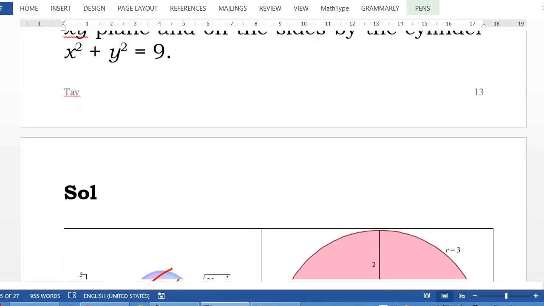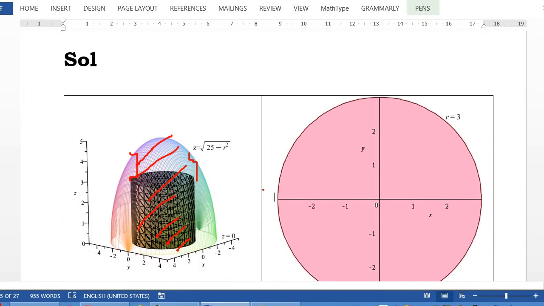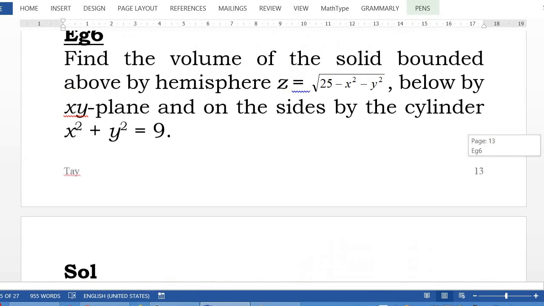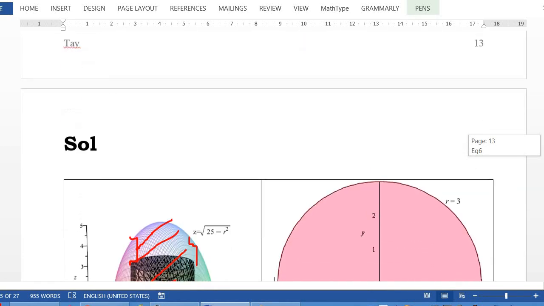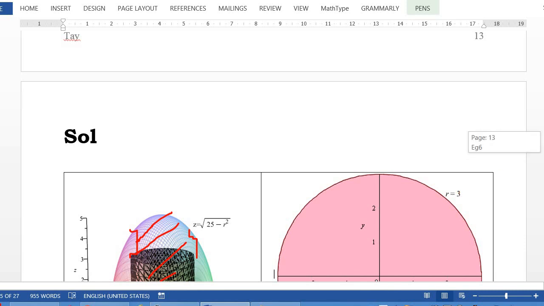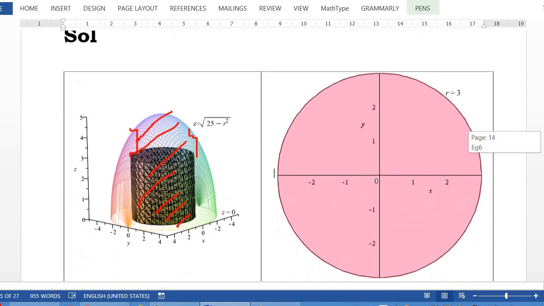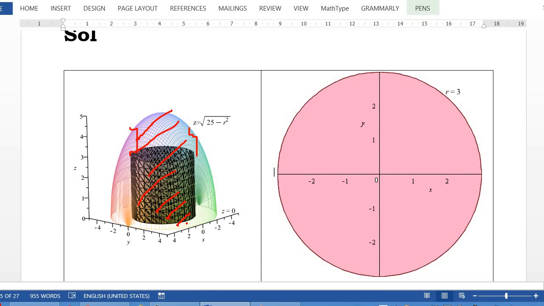Like this, this is the hemisphere, and the side is the cylinder x squared plus y squared equal to 9, or r equal to 3.